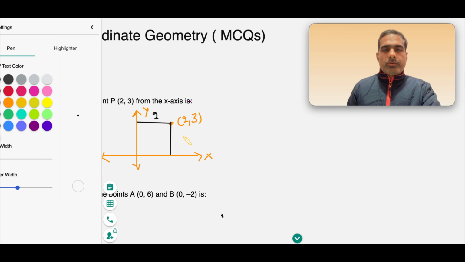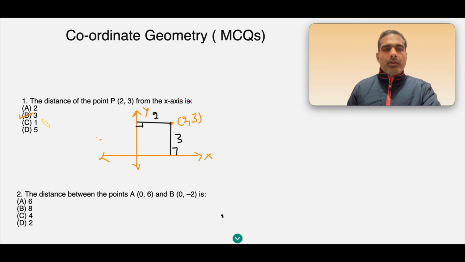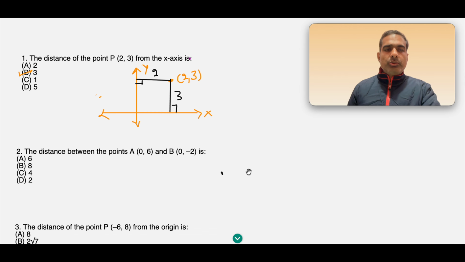So the distance of this point from the x-axis will be 3 and from the y-axis will be 2. In this case, the distance from the x-axis has been asked, so our answer will be 3. If the question had been the distance of the point P(2, 3) from the y-axis, then our answer would have been 2. So moving to the next question.